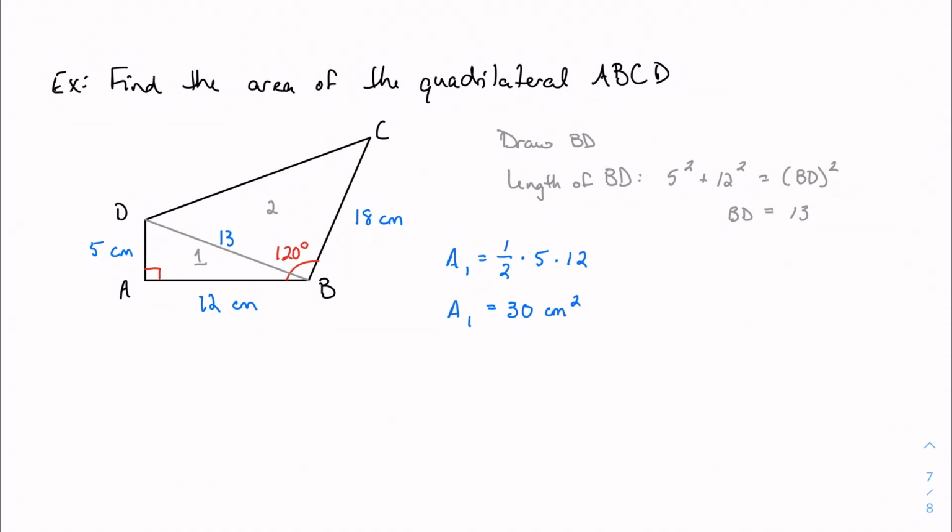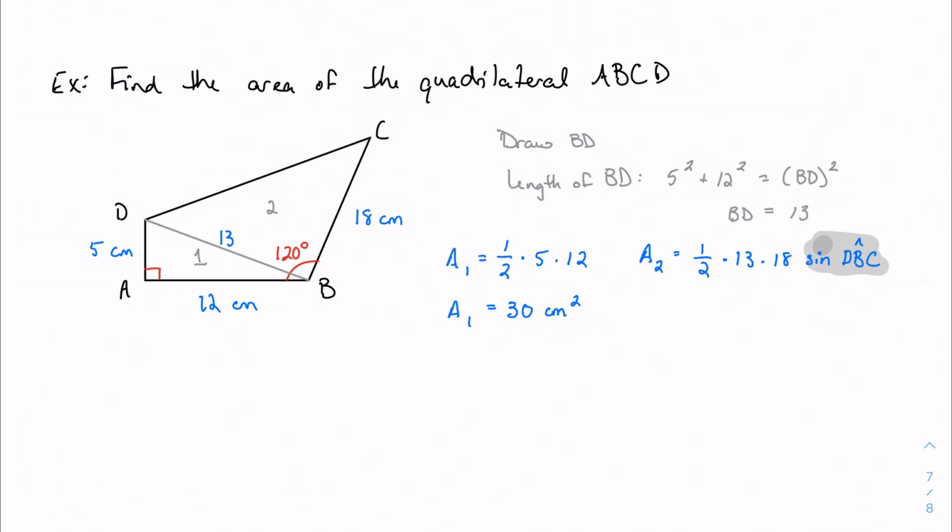If I consider the area of triangle 2, 1/2, well, I know the two side lengths, 13 times 18, but I don't know the sine of the angle, well, I guess it's angle DBC. I don't know this piece yet, but I have enough information to do it.